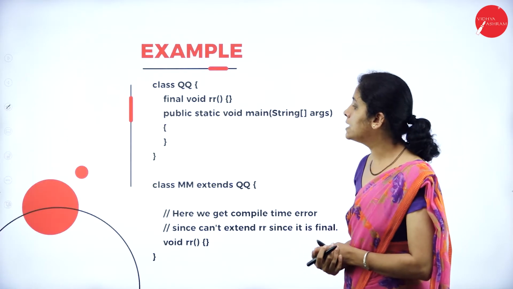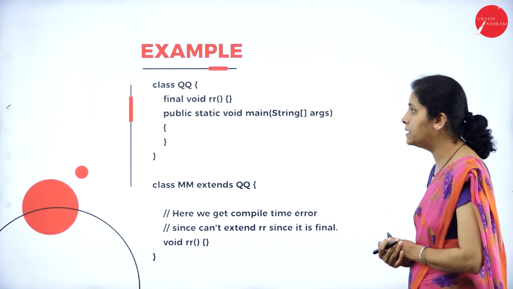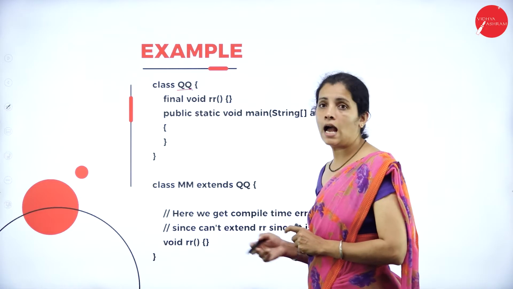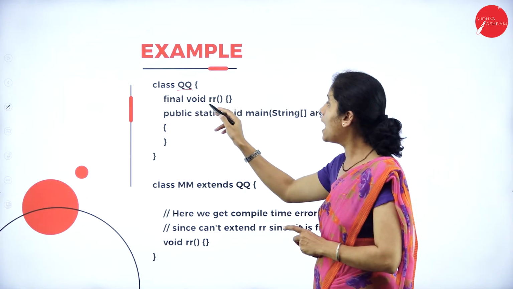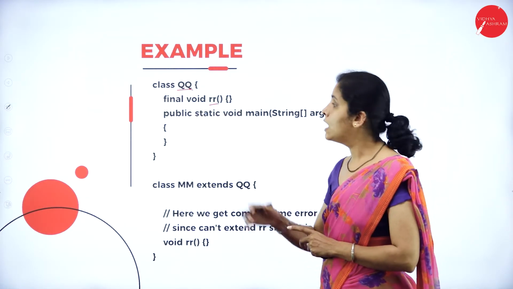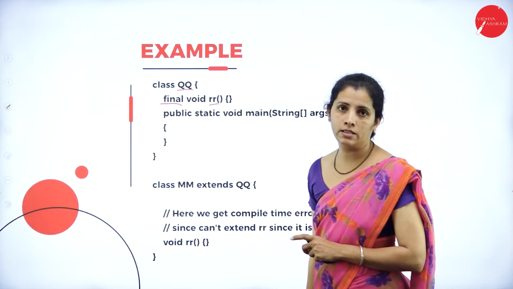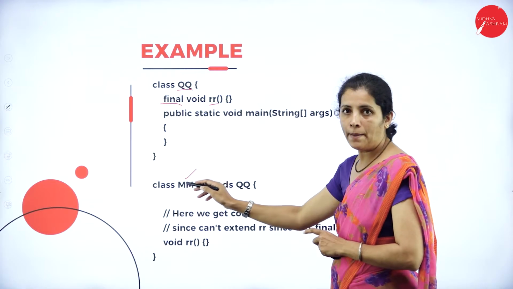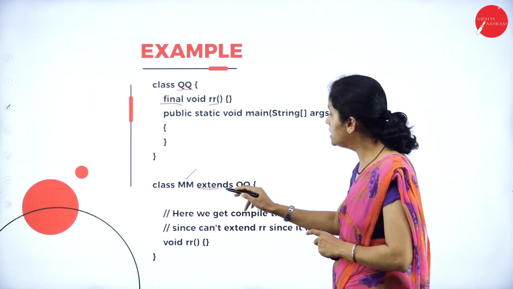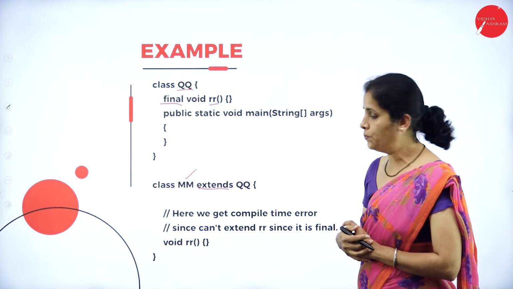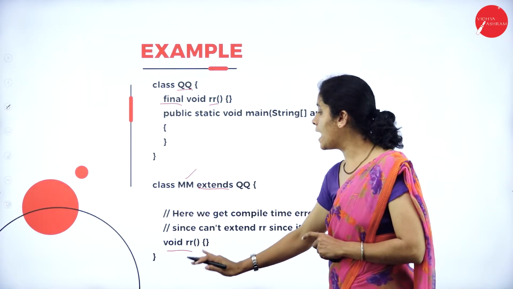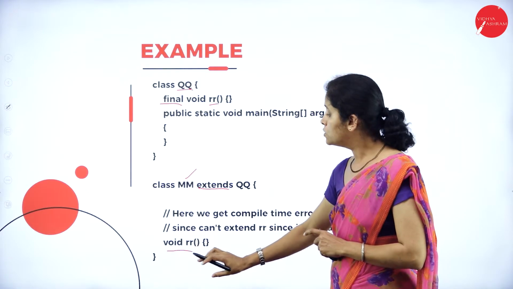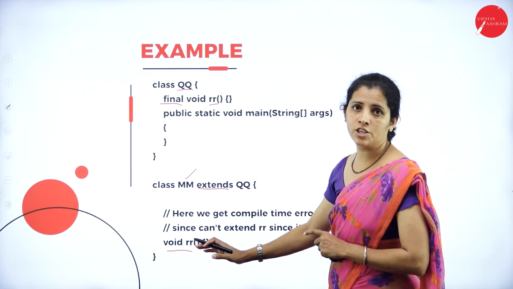So dear student, let me consider a simple example here. It is my class QQ and I have a method called RR, and it is a final method. Here I have the class MM and it inherits the features of QQ. Inside this class, I have the method called RR, so both have the same signature.